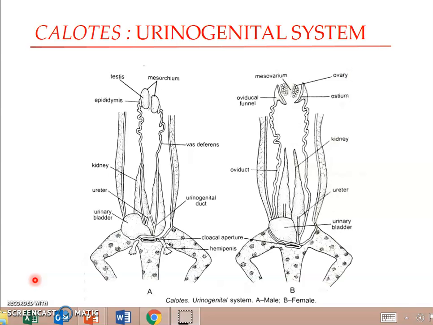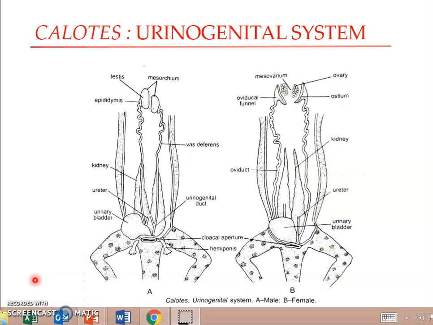When the eggs are stored in the uterus, the egg is provided with extra layers of albumin as well as shell. Fertilization of the egg takes place in the anterior part of the oviduct, so it is internal fertilization, and the eggs are heavily yolked and enveloped by calcareous shells which are laid down by the shell gland. So this is about the reproductive system of the female.